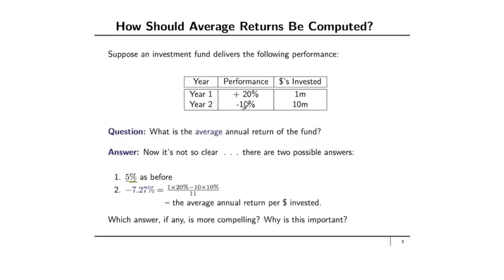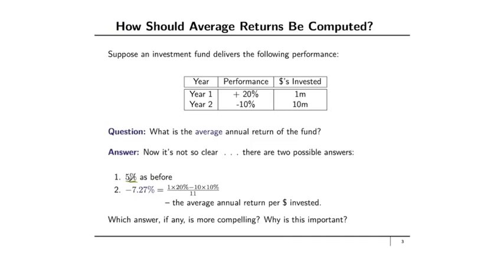So if I look at the average return to each dollar, then this is the correct answer. It's 1 million times 20% minus 10 million times 10% divided by a total of 11 million, and I get minus 7.27%. So in this case, the average annual return is actually much smaller.